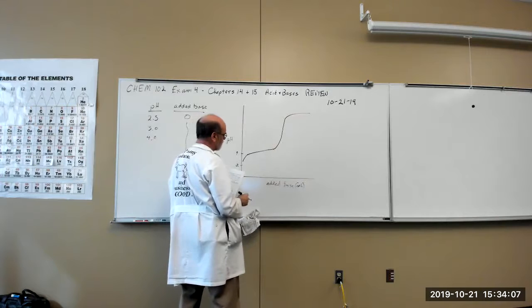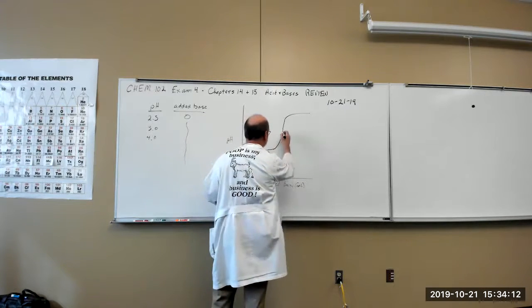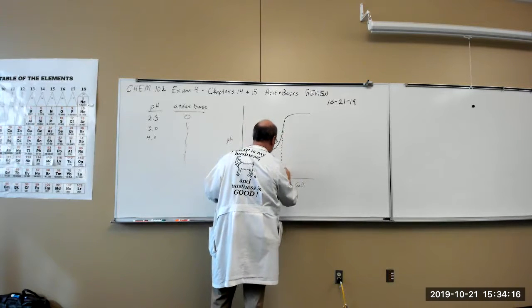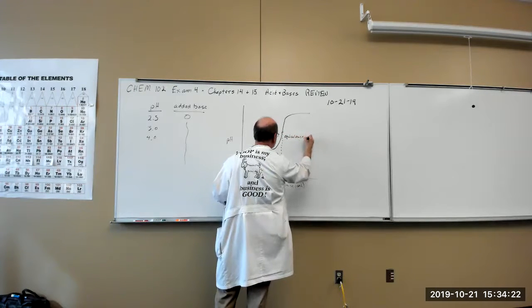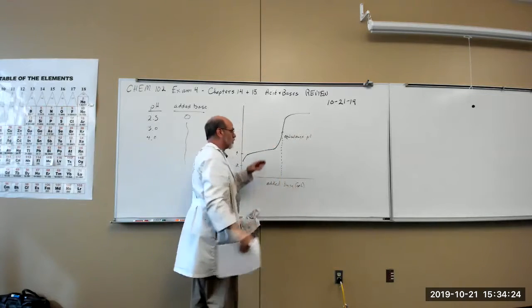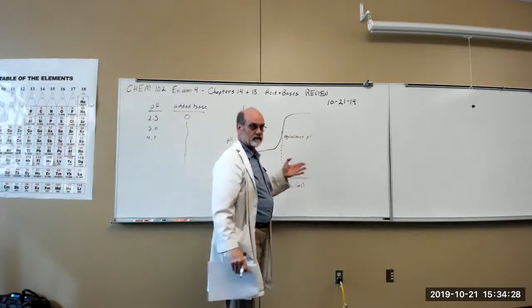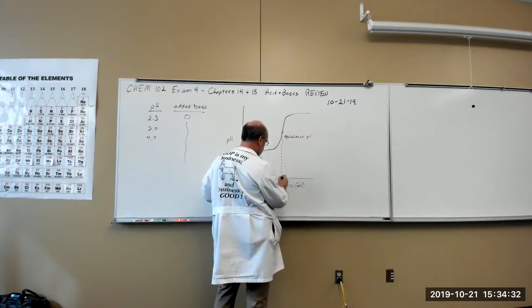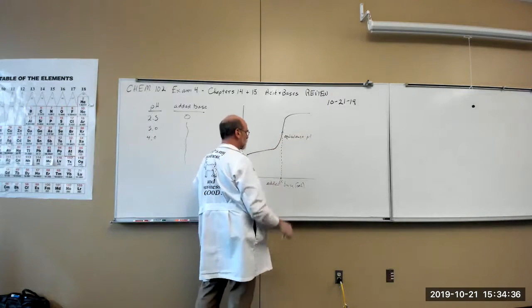And what you're going to have here is your equivalence point. So at this point, and we don't need an indicator because we have a pH meter. Okay. So we're going to know exactly how much base it takes to reach the equivalence point.